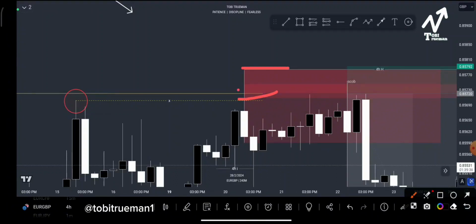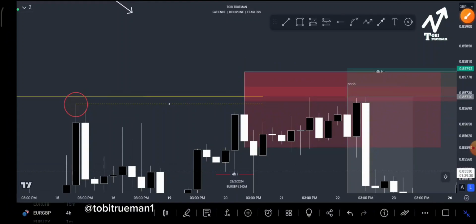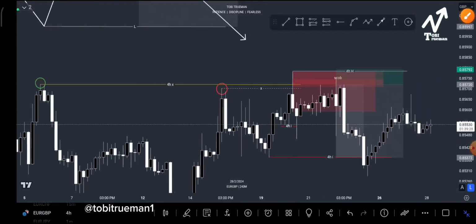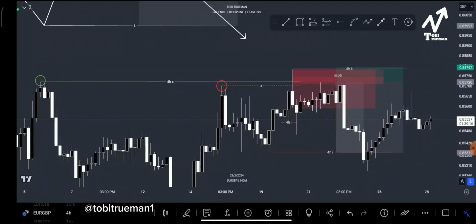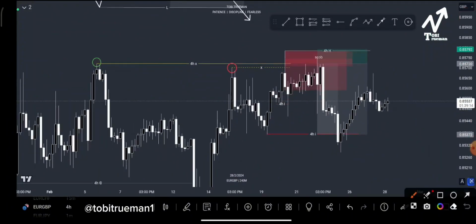This was the last shadow point that swept the extreme point of interest. This is the extreme, external point. So the wick that swept the external and internal point was what I used as my entry point. Then price came, entered this trade, and it was a beautiful trade.